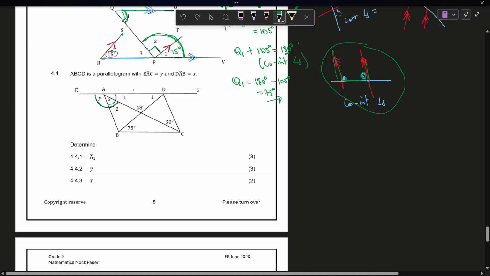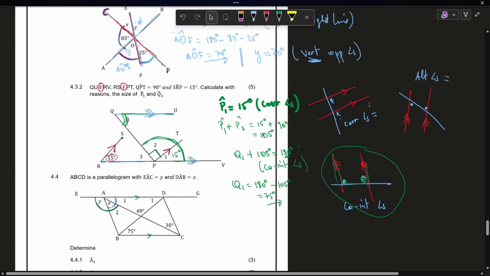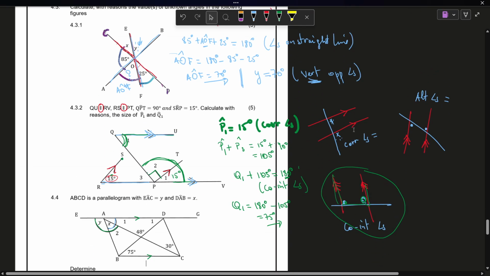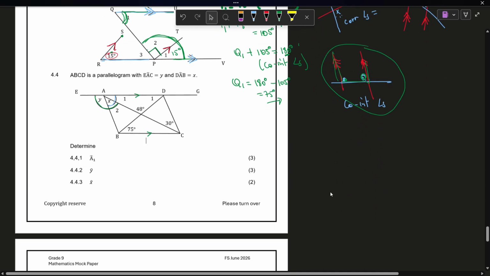Great. Okay. So I need to break the problem into small parts. What do I see? Do I see any pattern? Because I know that in a parallelogram, this side is parallel to this side, I can now use the same concept as when I had parallel lines, that F, N, and U sort of shape.